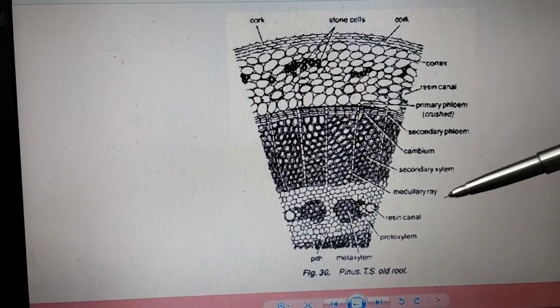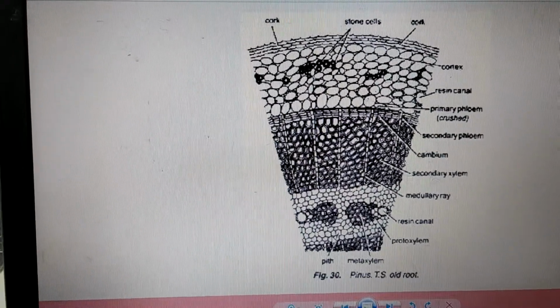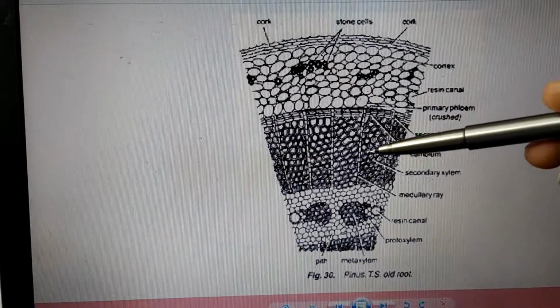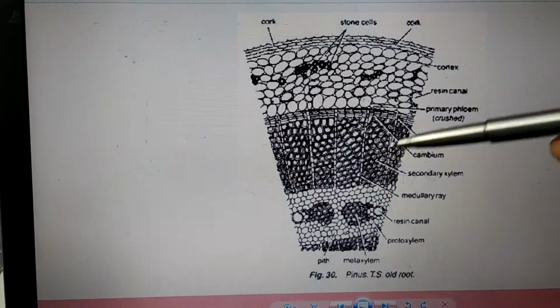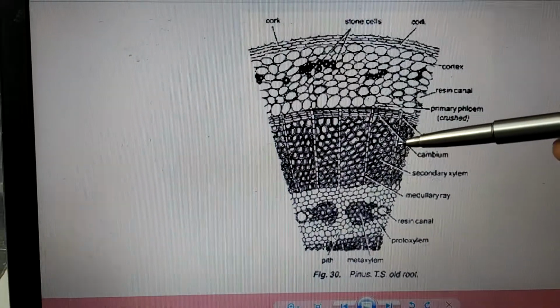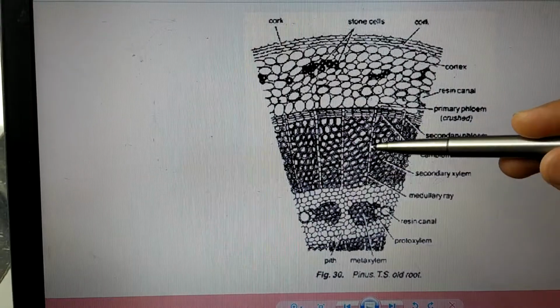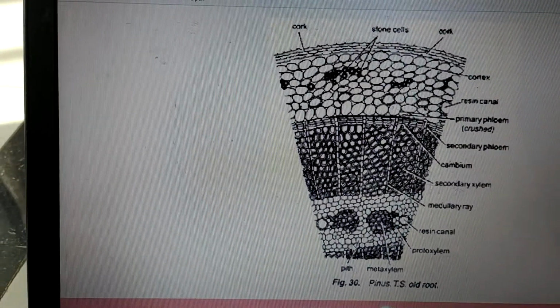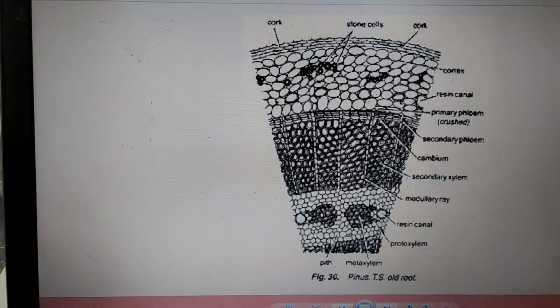What is the main function? They carry the nutrients towards the surface of the tree. Apart from that, they carry chemicals which fight against the invasion by insects and fungi.